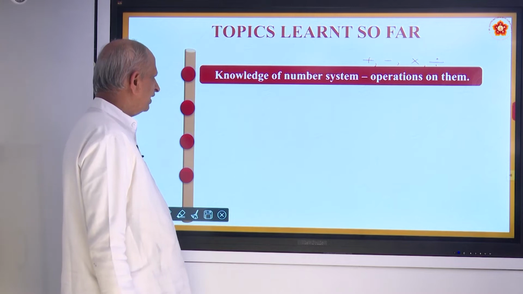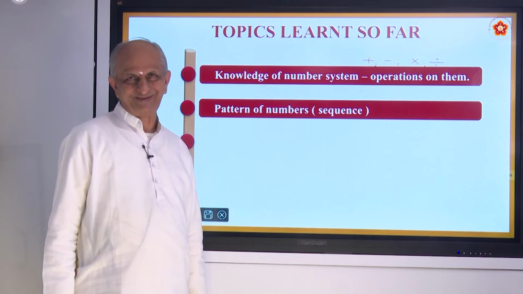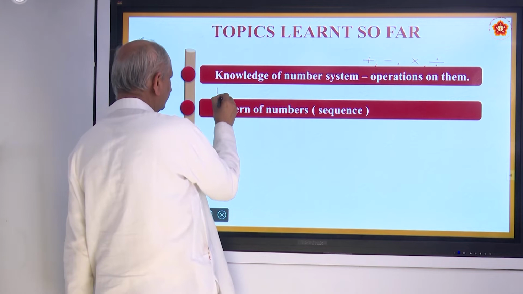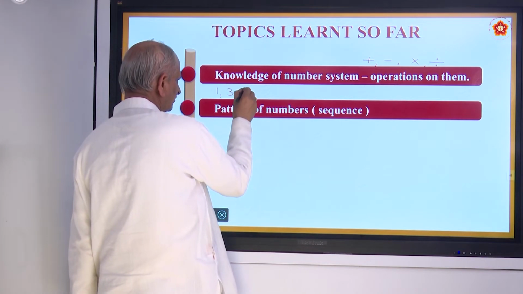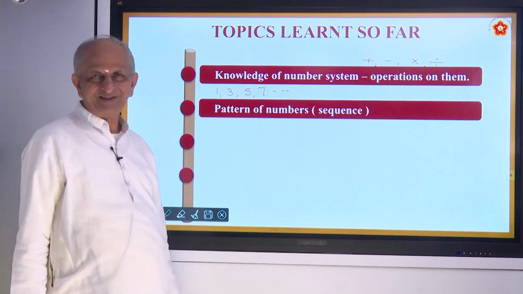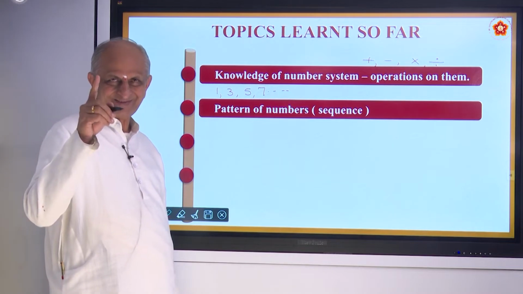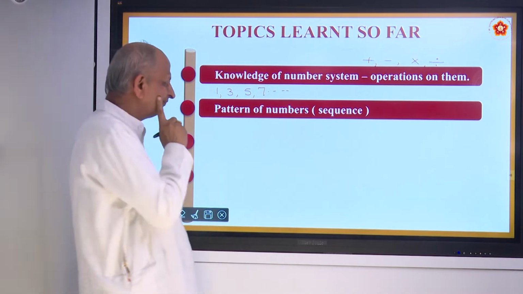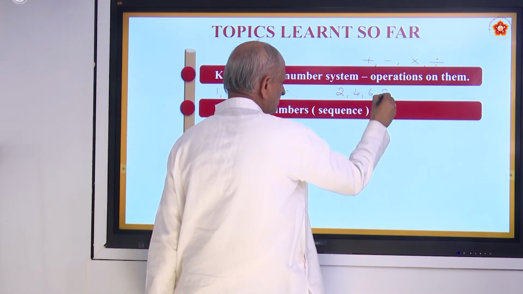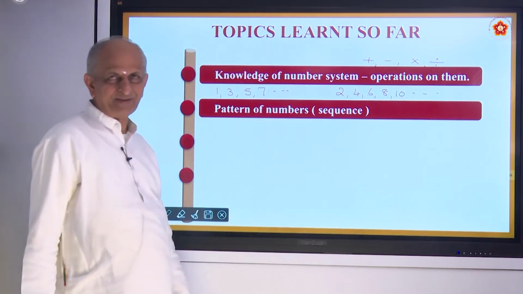And also we have studied about pattern of numbers or sequence, what you call. Means one number following the other. Just now I was telling you about that. So this is one sequence. What is this sequence called? Odd numbers, series of odd numbers, is it not? Suppose write like this, what do you call? A series of even numbers.